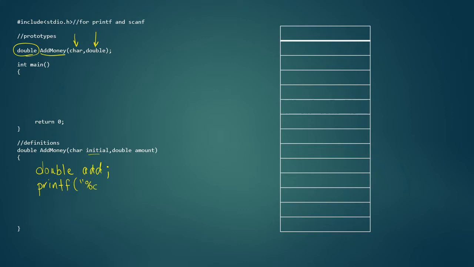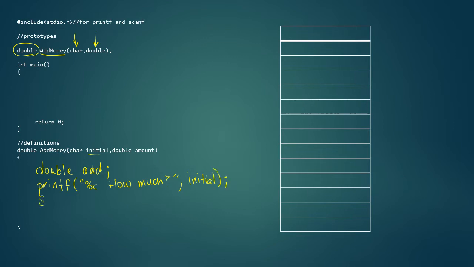Now, because I'm writing this, I'm going to be really quick with my prompt, but your prompt should probably be better than just how much. So this is how much, and then I forgot to add the variable initial here.